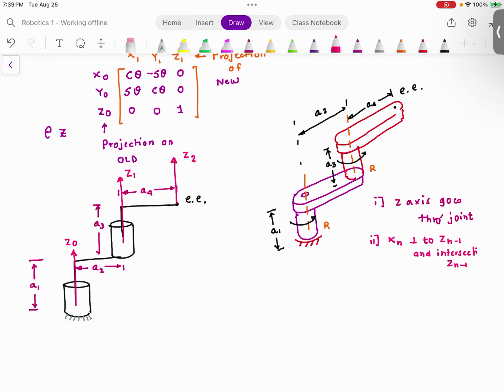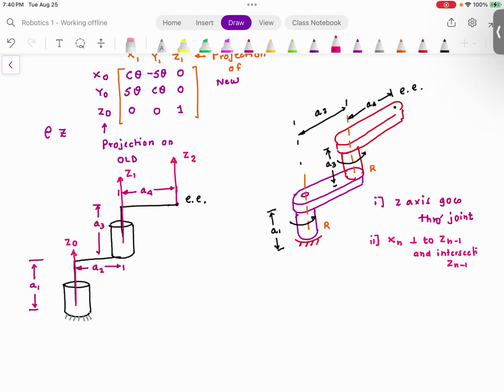What do I mean by that? For example, if I have an x-axis, X1, it needs to be perpendicular to Z0 and intersect Z0. I'll explain what I mean. So I have this Z0.